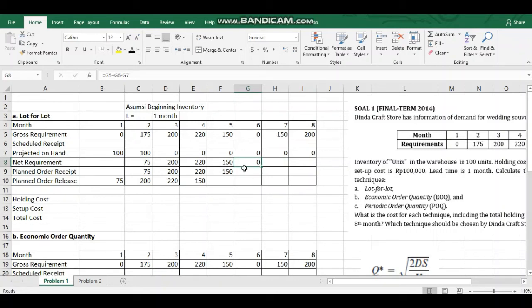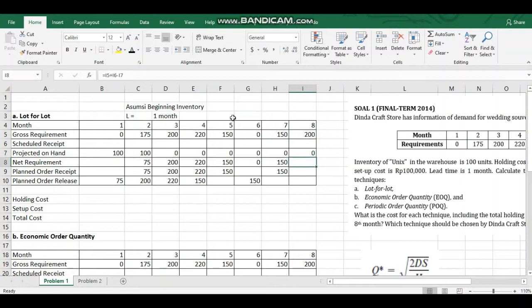Since we have no net requirement, we don't have to place any order because there's no need to fulfill any requirement. And moving to the next month, the requirement is 150 while we have no inventory at all, so we have to get all of them, 150 units, by placing the order. So we have 150 units as our net requirement, and we place the order 1 month before, and it will arrive and be used to fulfill this gross requirement.